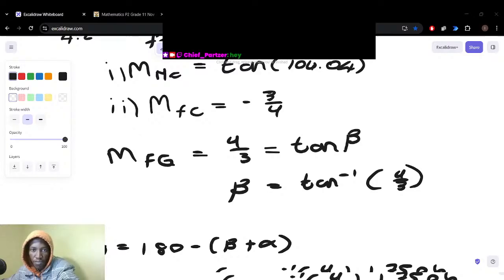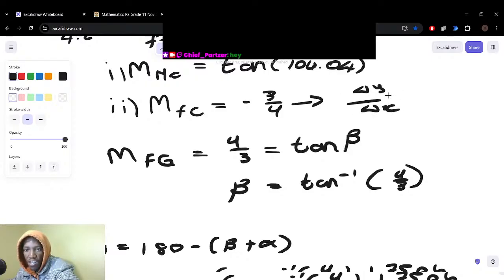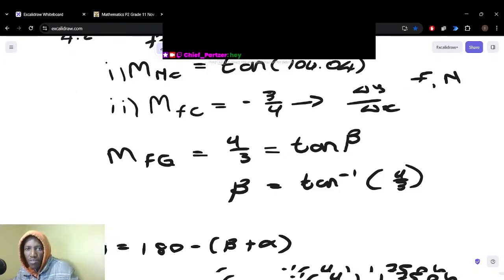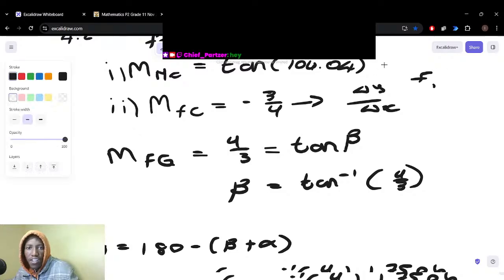So minus 3 over 4 is the gradient of FC, ne. Since we know the gradient of FC, and we know the other way, that is change of y over change of x, and we know the coordinates of F and the coordinates of, no, not N, why am I obsessed with N, and we know the coordinates of C, but we don't know the y coordinate.